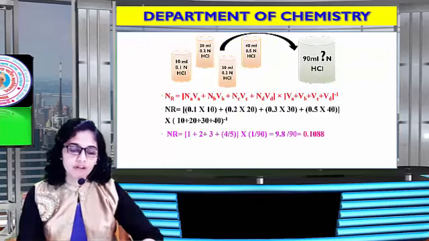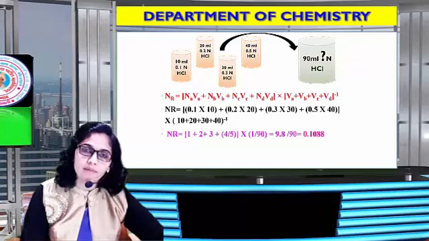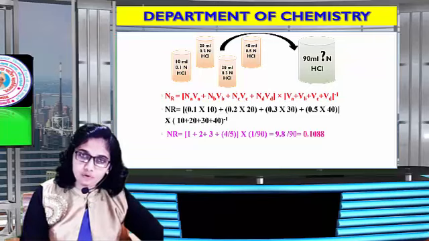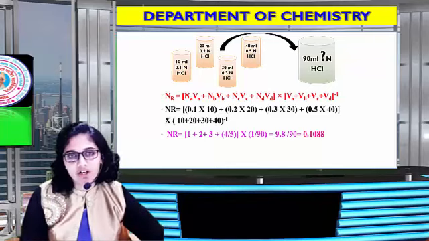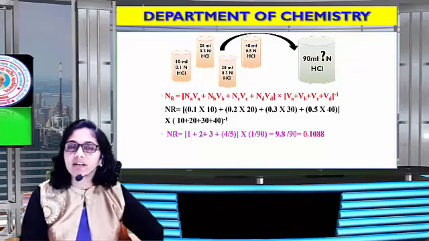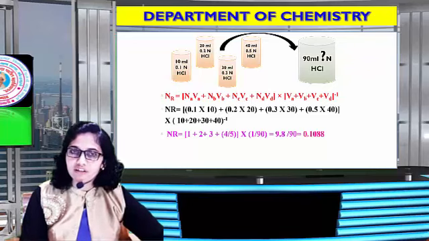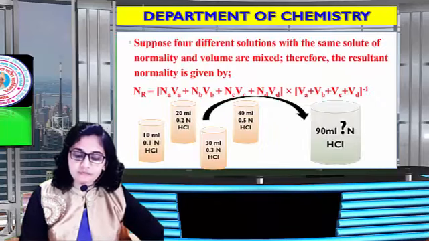Let's take an example. Here I want to mix 10 ml of 0.1 normal HCl, 20 ml of 0.2 normal HCl, 30 ml of 0.3 normal HCl, and 40 ml of 0.5 normal HCl. If we mix these four solutions, the total volume of the resultant solution becomes 90 ml.